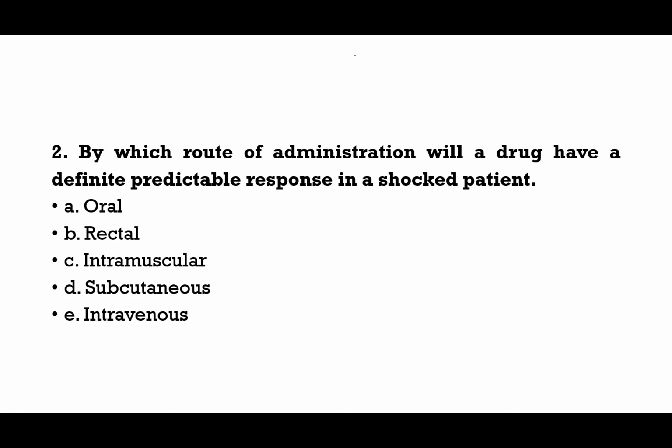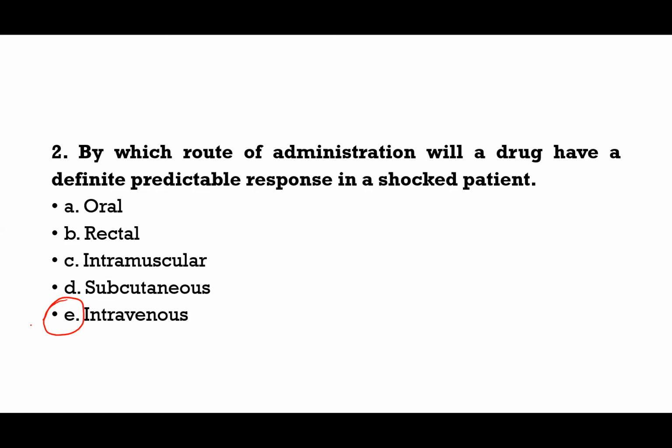A, oral. B, rectal. C, intramuscular. D, subcutaneous. And E, intravenous. Which one is more predictable? Of course, in a patient in shock, the more predictable route of administration is intravenous because of the reason we mentioned earlier.